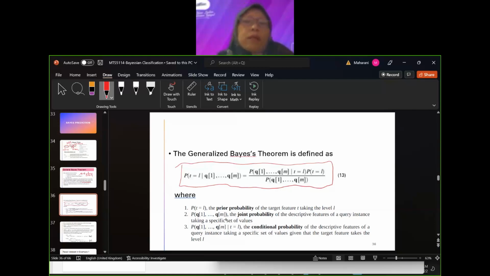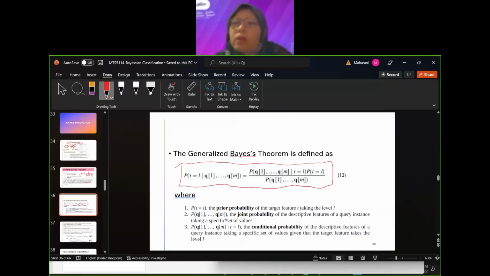If we read this, it means the probability of target T with value L, with condition features Q1, Q2 until Qm, equals the probability of features Q1, Q2 until Qm with condition the target T equals L, multiplied with the probability of target T equals L, and then divided by the probability of features Q1 until Qm.